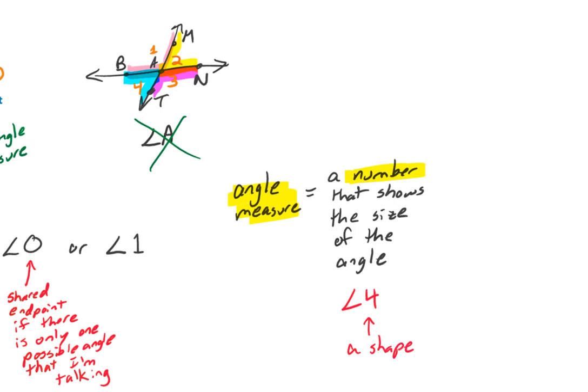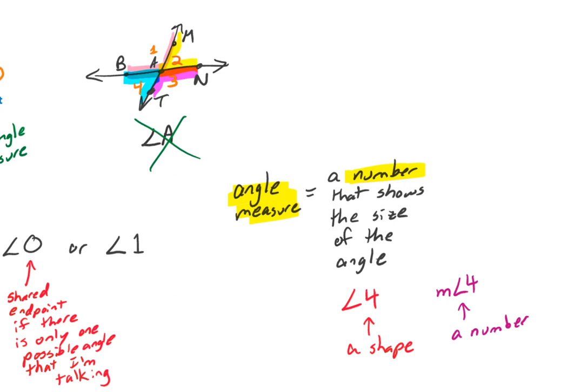If I want to talk about how big it is, I would put a little m for measure in front of angle 4, and this is now a number. Much like when we talked about segments versus segment length and how the symbols matter, it's the same thing with angles. I'm really picky with it because there's a big difference between a shape and a number.